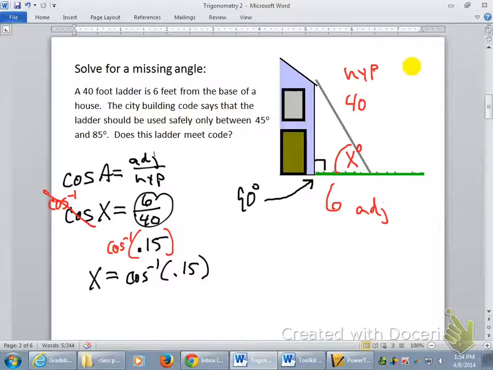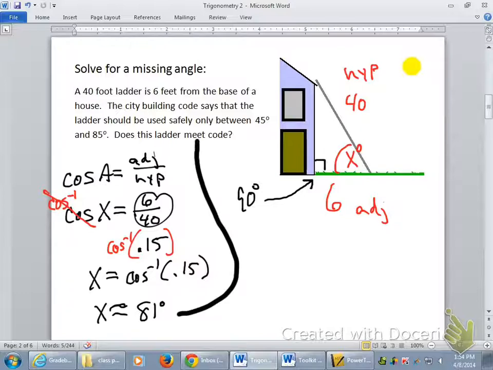So what is the inverse cosine of that? It's approximately 81.7, so maybe 82 degrees. Oh, I'm sorry, 81.3, so just 81 degrees. All right. And then, of course, you just answer the question, does the ladder meet code? Yes, it does.